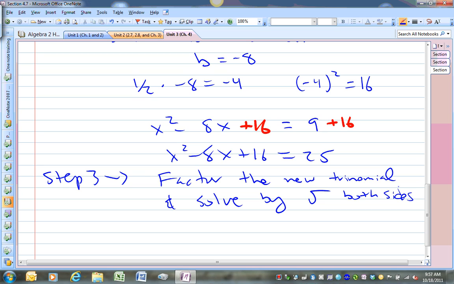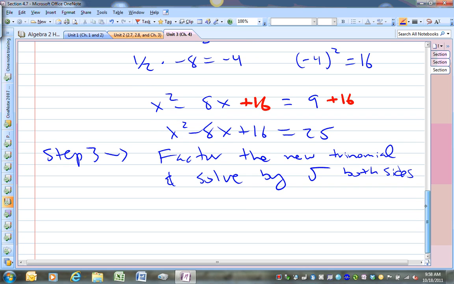So it's kind of an extension from section 4.5 where we had to solve by square rooting both sides, and also from sections 4.3 and 4.4 where we had to factor. So everything's kind of building upon itself. So if we look at it, x squared minus 8x plus 16, the factors are negative 4 and negative 4.